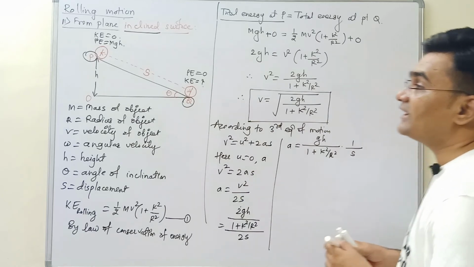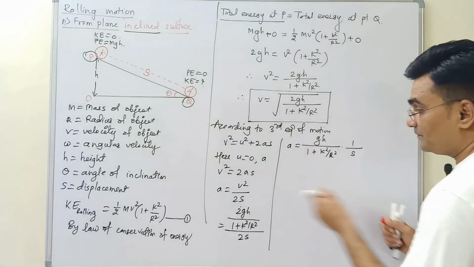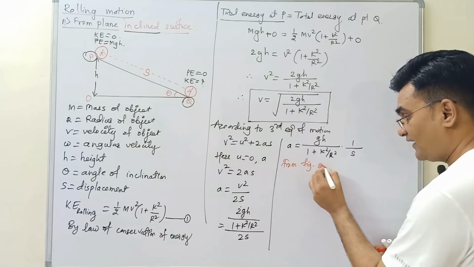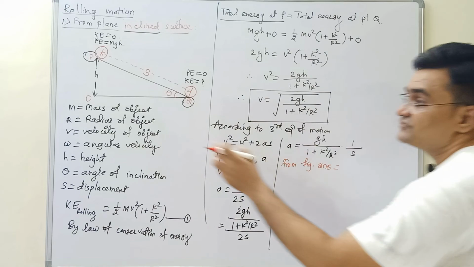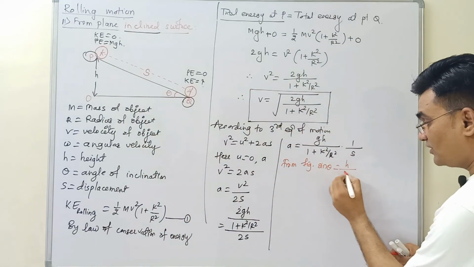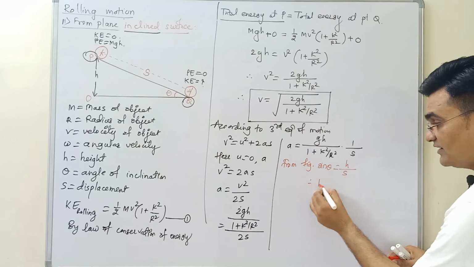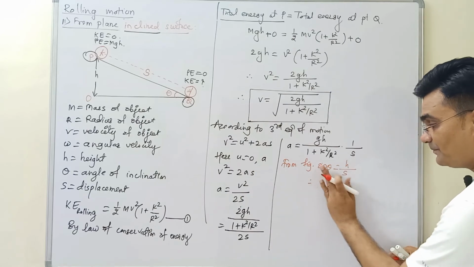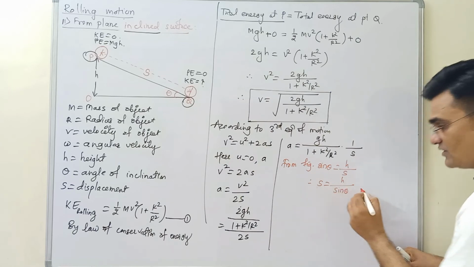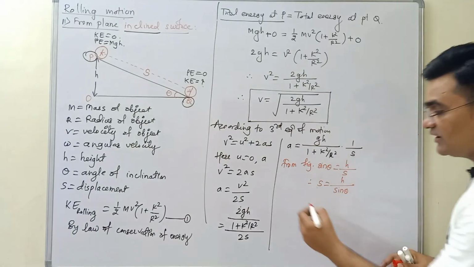But if you look at the diagram, from the figure, what is sin theta equal to? See, sin theta is opposite upon hypotenuse. Opposite is h upon s. And what is s equal to? s is h upon sin theta. Just substitute here.